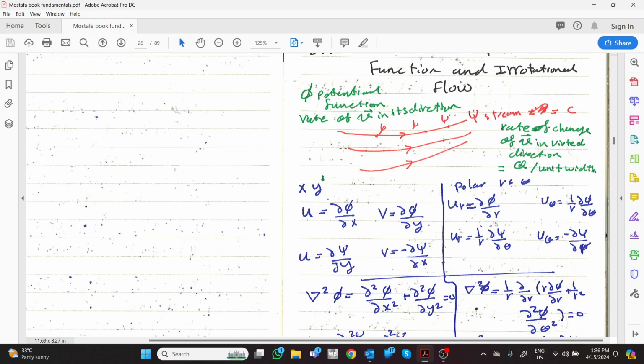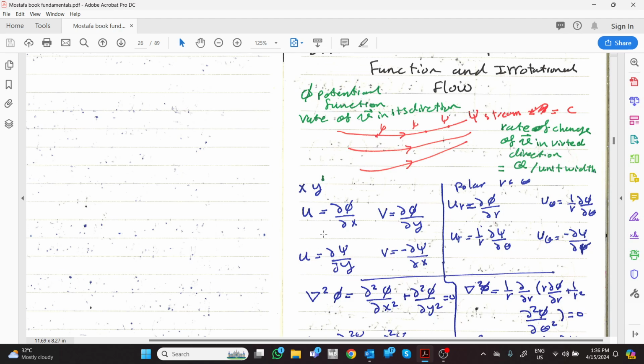Let's assume this streamline is a parabola. So the streamline, which is a parabola, has a stream function equal to a constant. So this is a constant.